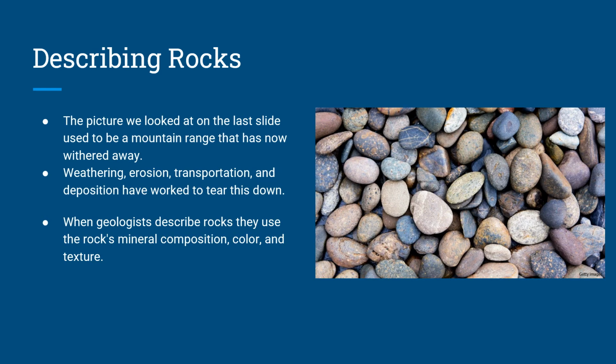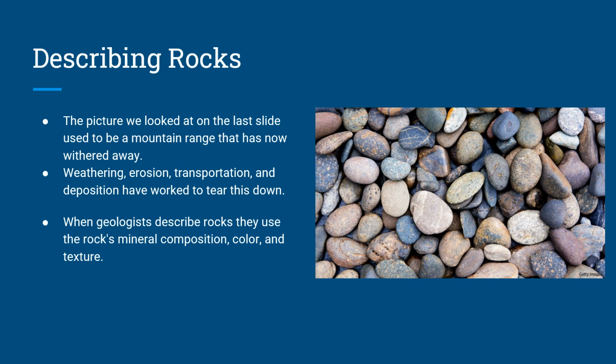So describing rocks. So the picture that we looked at on the last slide used to be a mountain range that has now withered away. Weathering, erosion, transportation, and deposition have worked to tear this down. When geologists describe rocks, they use the rock's mineral composition, color, and texture.